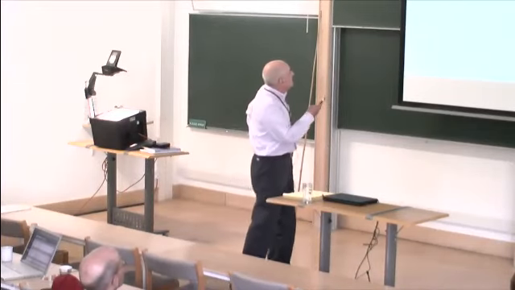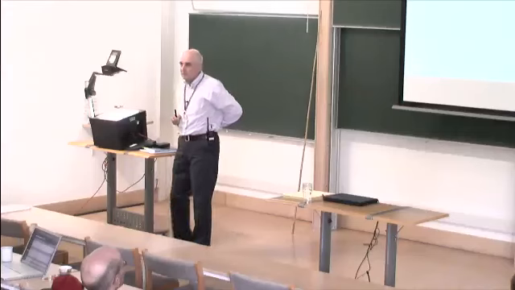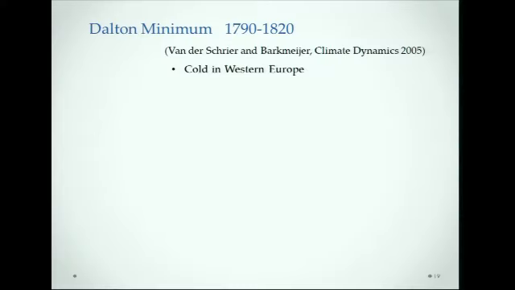All right, so this is about the Dalton minimum period, which ran from 1790 to 1820 approximately. It was a period characterized by cold in Western Europe. It was known that there was decreased solar activity during that time, and there were also a couple of volcanoes. The origin of the one in 1809, I think, is unknown, and the one in 1815 is actually known.